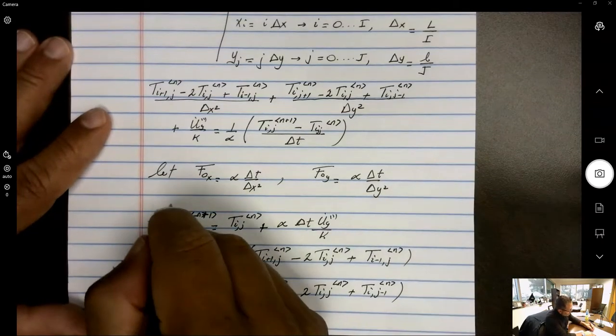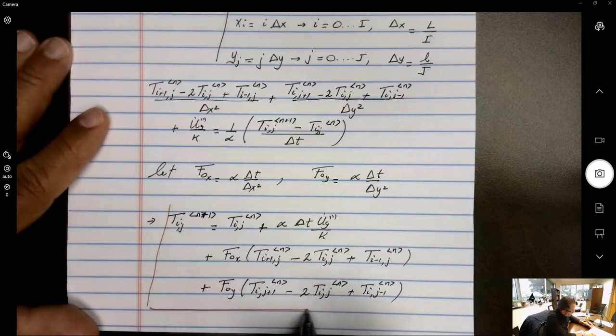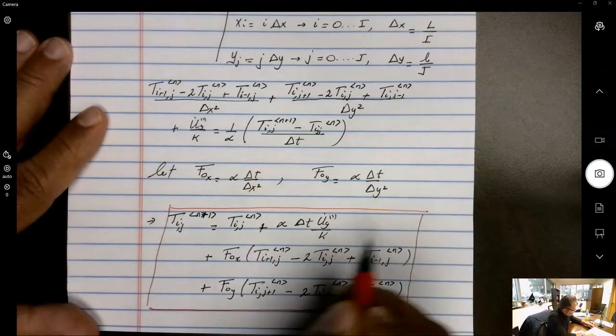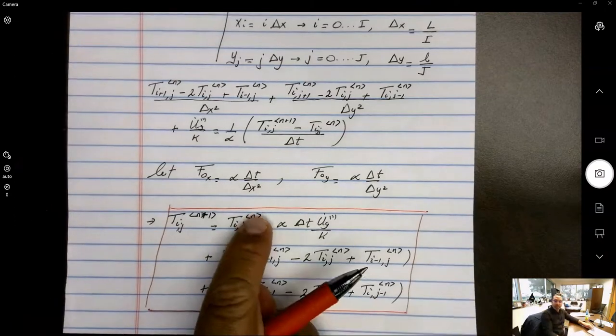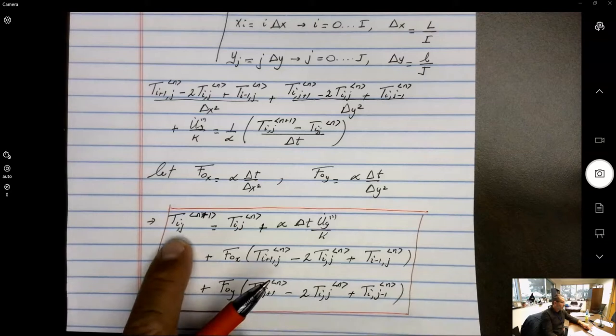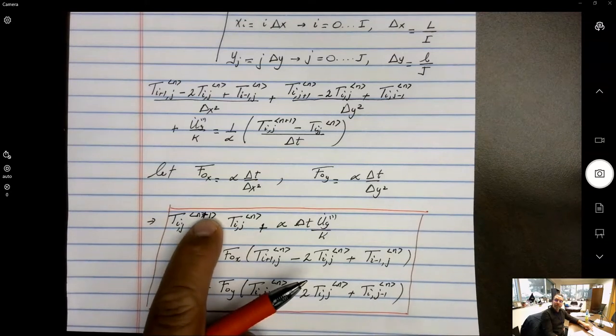And this, again, is an explicit formulation, meaning that everything on the right-hand side we know from the previous time level, starting from the initial condition, and that's how we can figure out what happens at every node on the next time level.